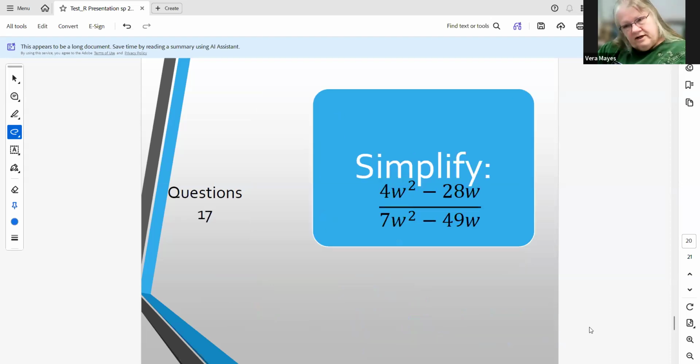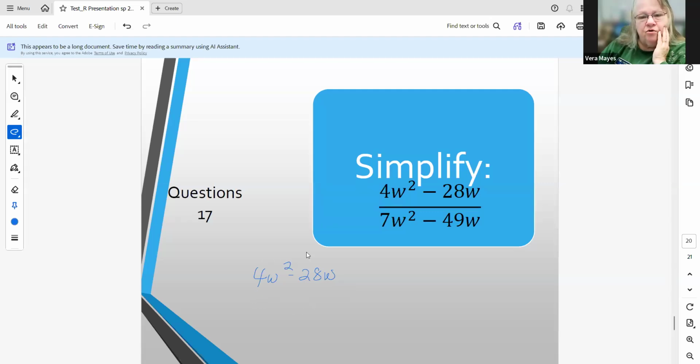All right, simplifying. So we're going back to trying to break each level apart. So what we're going to do is we're going to factor the top, factor the bottom, and then like most fractions, see if anything reduces. So when I look at this one, I say, okay, what do they have in common?